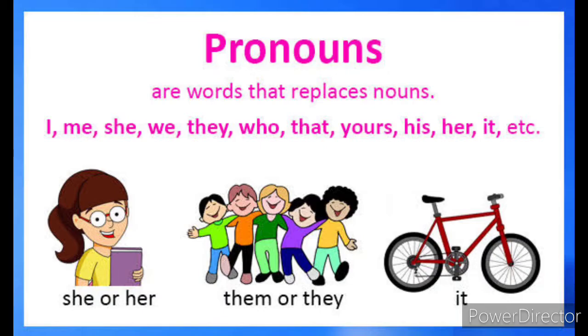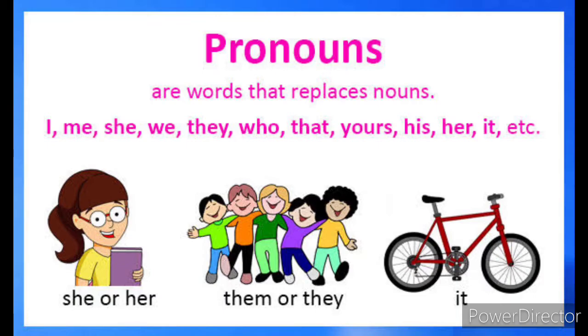Look at the example given here. For girl, she or her. For children, them or they. For objects, we can use it.